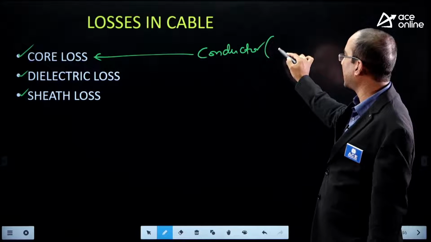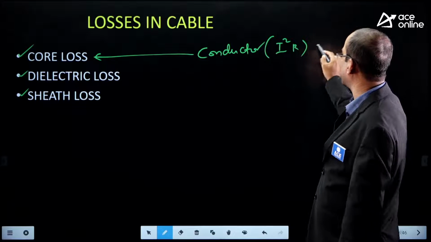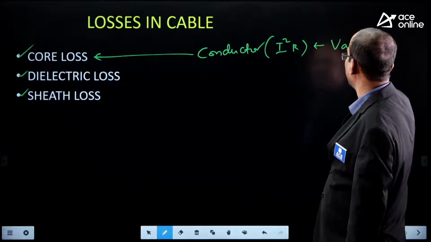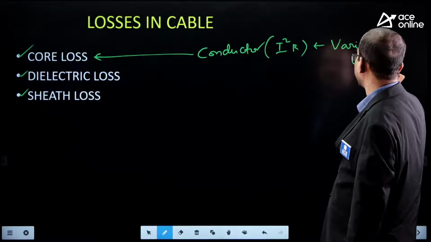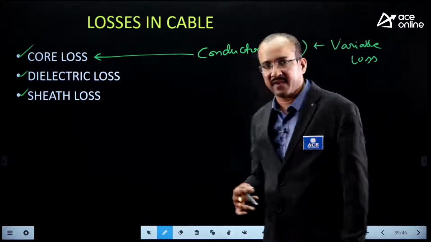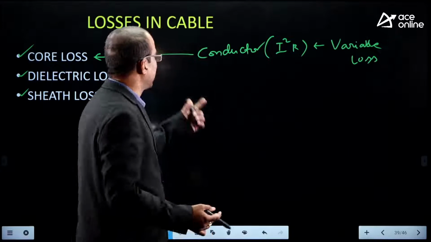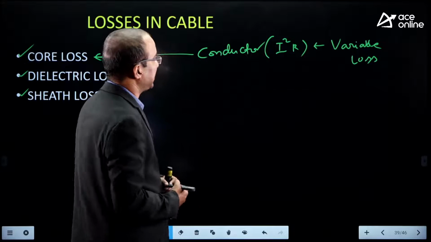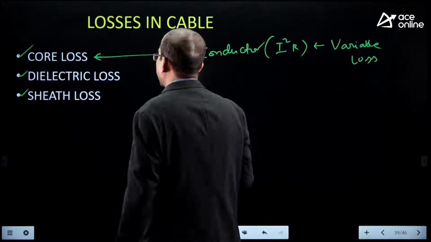That is nothing but I square R loss. This is a variable loss. The question may be asked like this: core loss is variable loss or constant loss? It is a variable loss because whenever the load changes, the current carried by the conductor changes, and the loss changes.